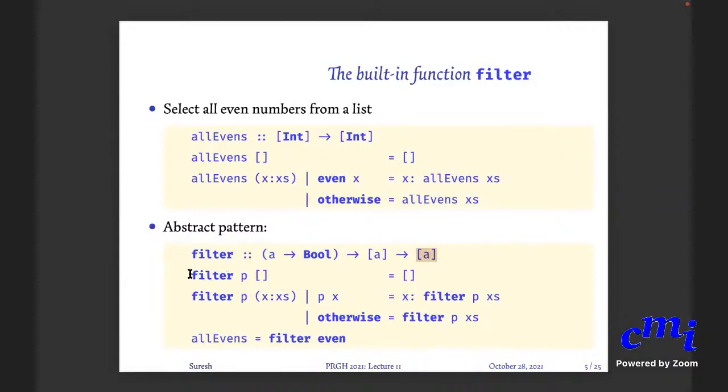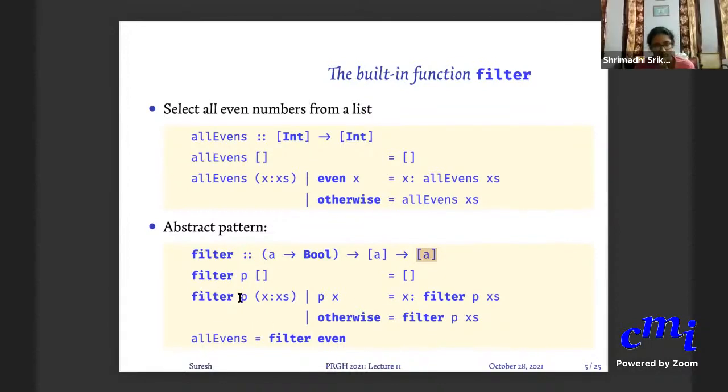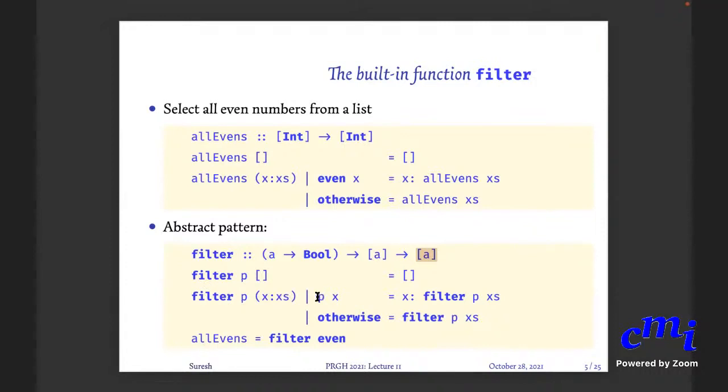Then you say filter p of the empty list is the empty list, because there is nothing to filter out. Filter p of x colon xs is: if p holds for x, then it is x colon filter p xs. You retain x and then do filter on the remaining elements. Otherwise, you ignore x and do filter p xs.